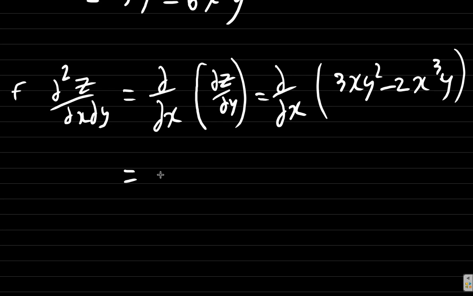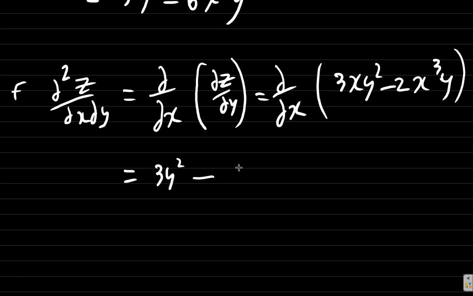What are you going to have? Here, the 3 and the y squared are just numbers. It's x to the 1. So you're going to have 3y squared alone here. Minus. Now this is being differentiated with respect to x.